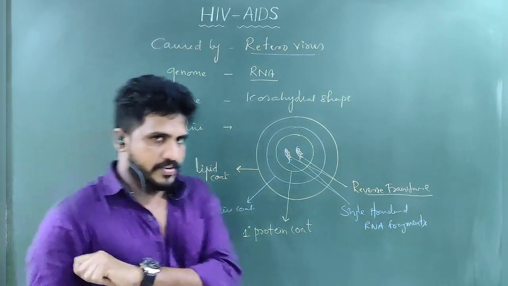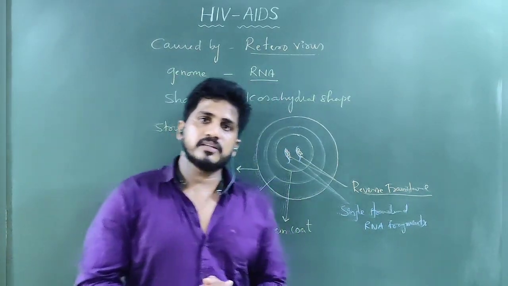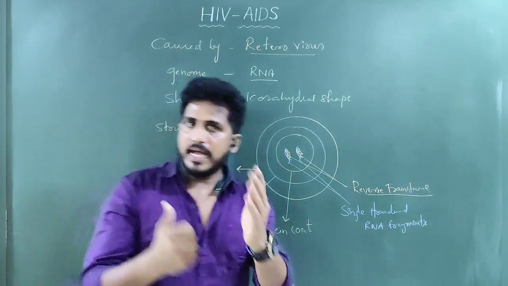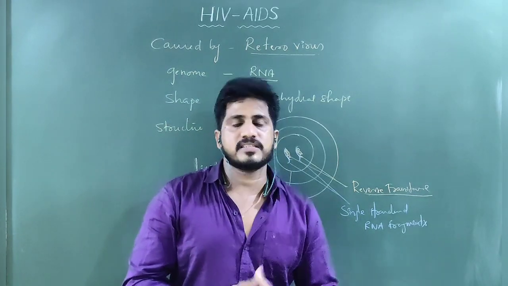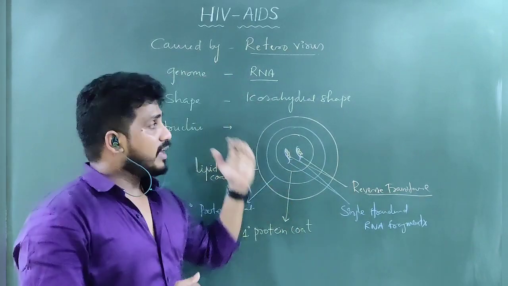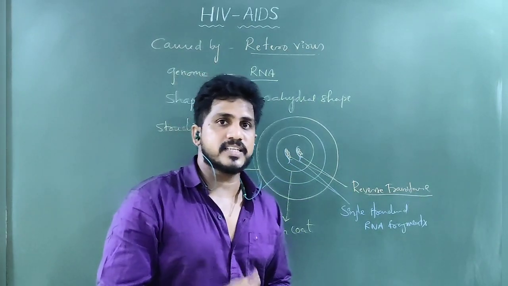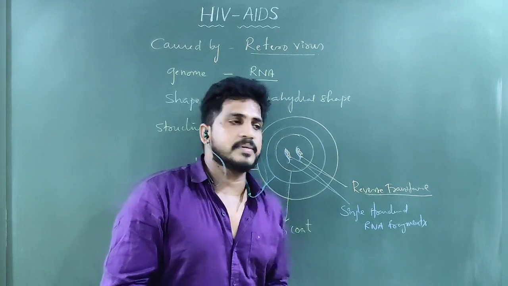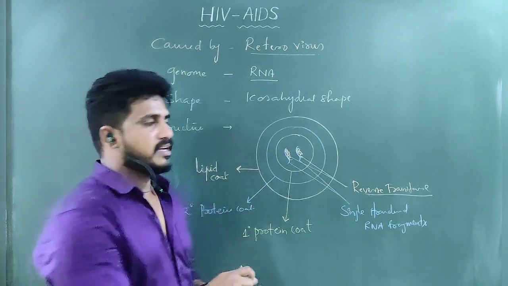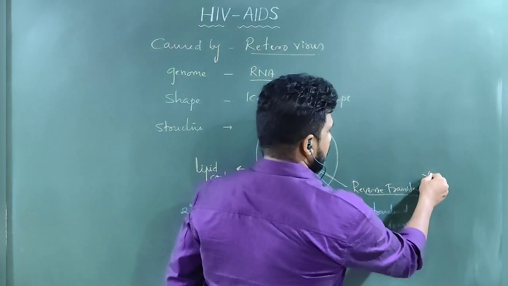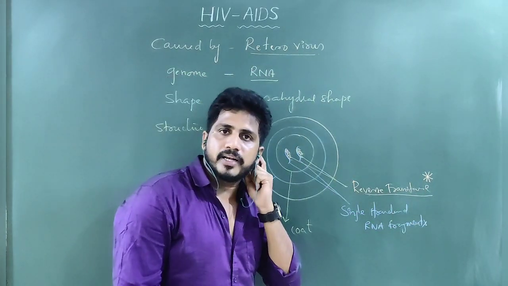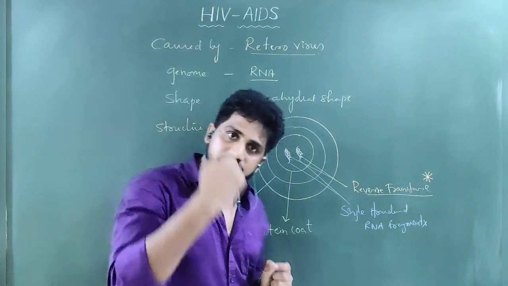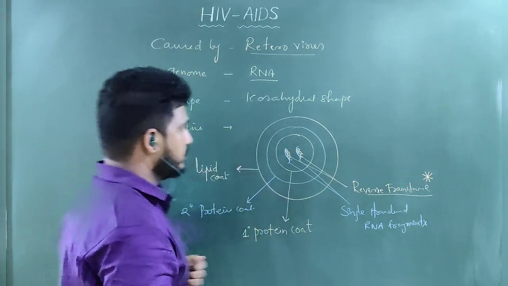Generally, in the molecular basis of inheritance, we have seen that in transcription from the DNA, mRNA has come. For that, RNA transcriptase enzymes are required. But here, RNA becomes DNA. So this is reverse transcription. For that, an enzyme is required, called reverse transcriptase. We can say this is the weapon of the HIV. With the help of this enzyme only, RNA becomes DNA in the host body, that is, in man.